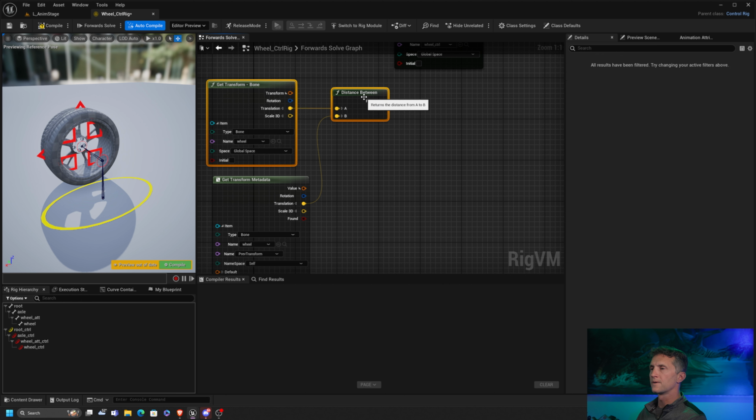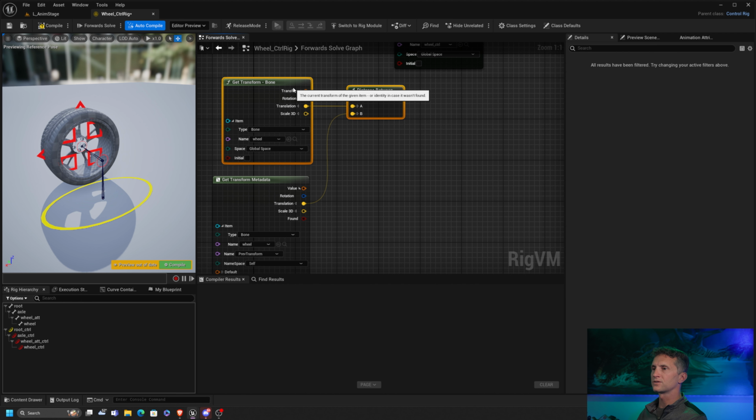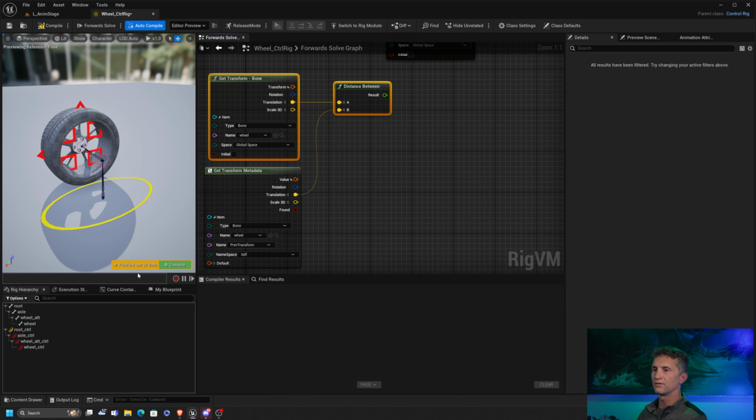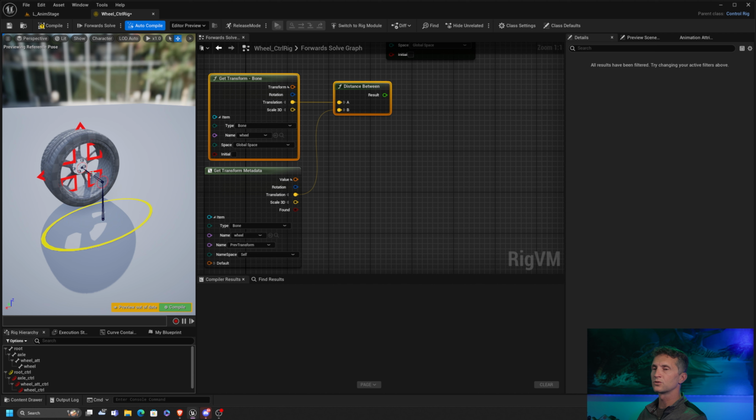Cool. Okay. Now, for some reason, something that's stuck in my head that I loved in school was geometry. So how far do we want to rotate this wheel when we move? Basically, we want the circumference. The circumference is pi times d, and d is the diameter in this case, and I believe the radius is about 34-ish.